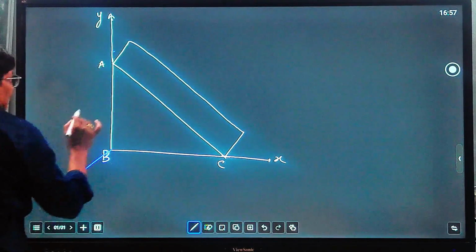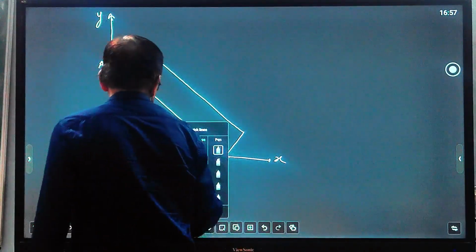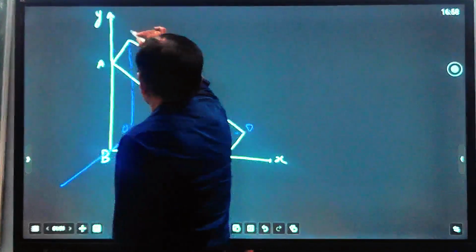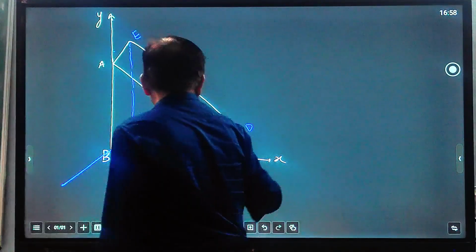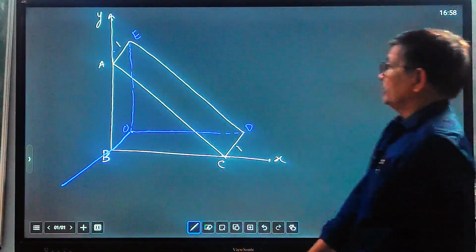In direction z we take the thickness, with points A, B, C, and let us join. This is point O, C, D, and E, and we take thickness 1. Along the z direction, thickness is 1.